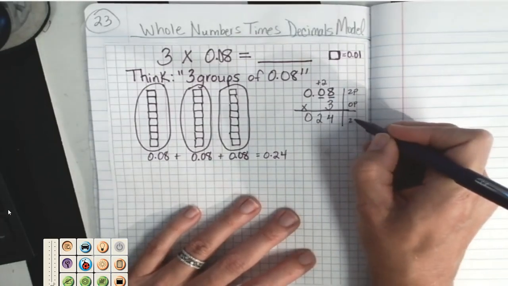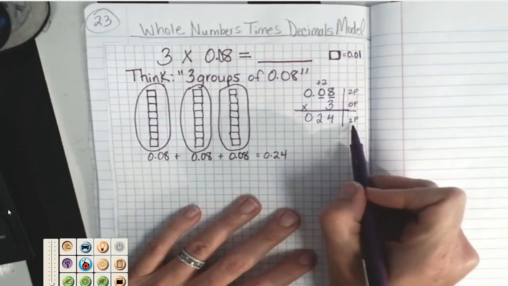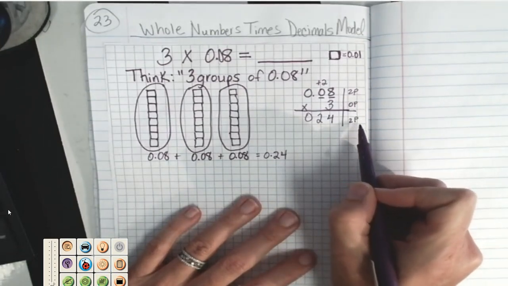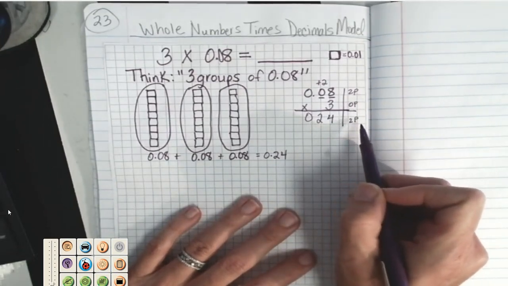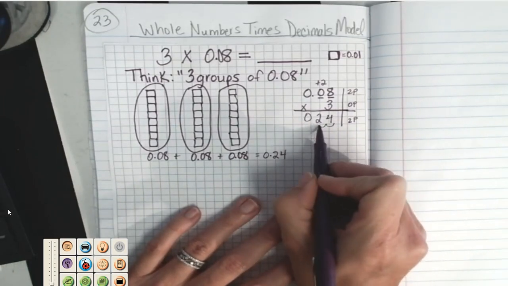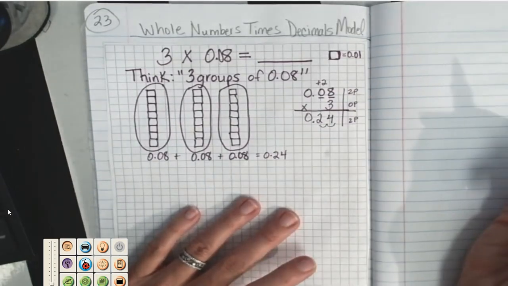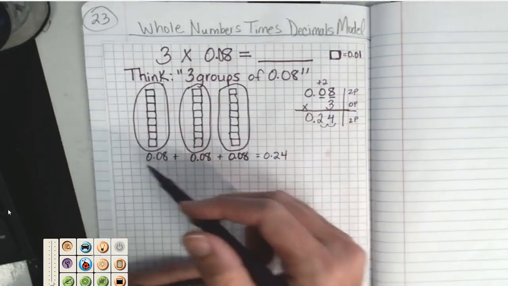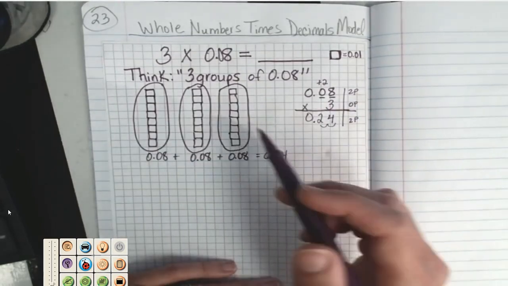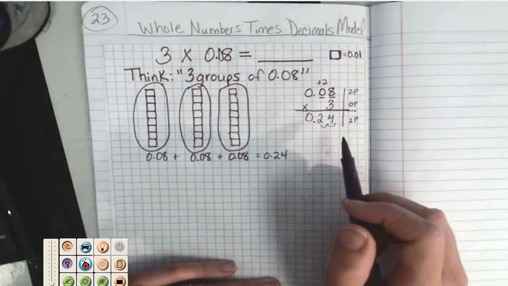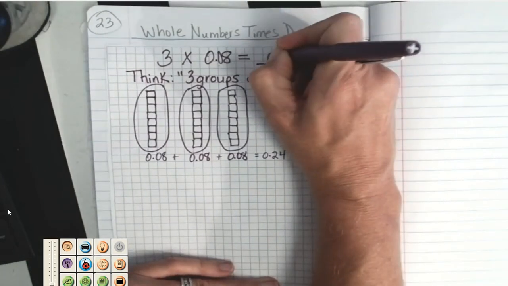And then we add them together from both the factors, and then that tells us how many place values we need to move that decimal back in. So we're going to move it 1 and 2. So that means that our model is correct. We have 3 groups of 800ths is 2400ths.